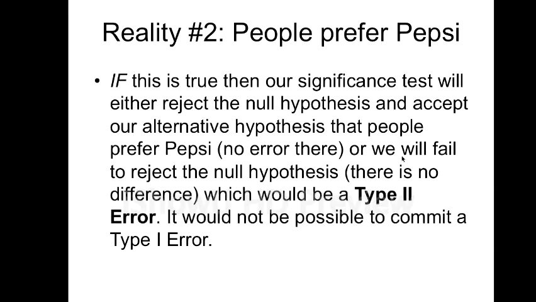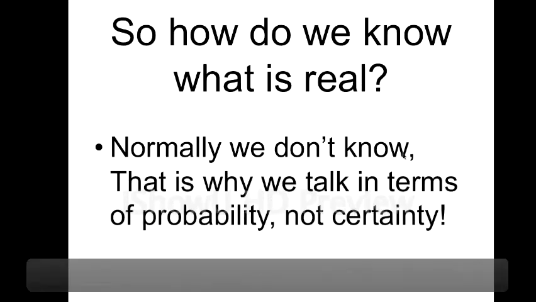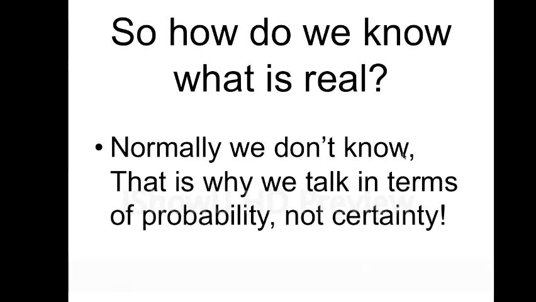So that would be a type 2 error. In this situation, it would not be possible to commit a type 1 error. Okay? In one reality, you cannot commit both errors. So how in the world do we know what is real? We don't, normally. That's why we talk in terms of probability, not certainty.